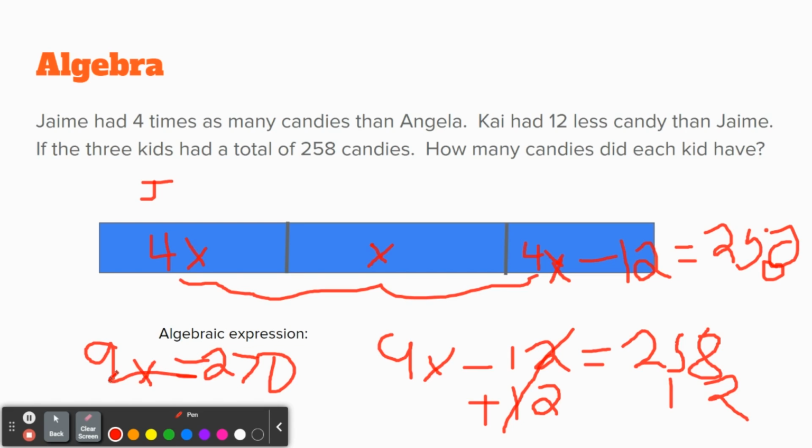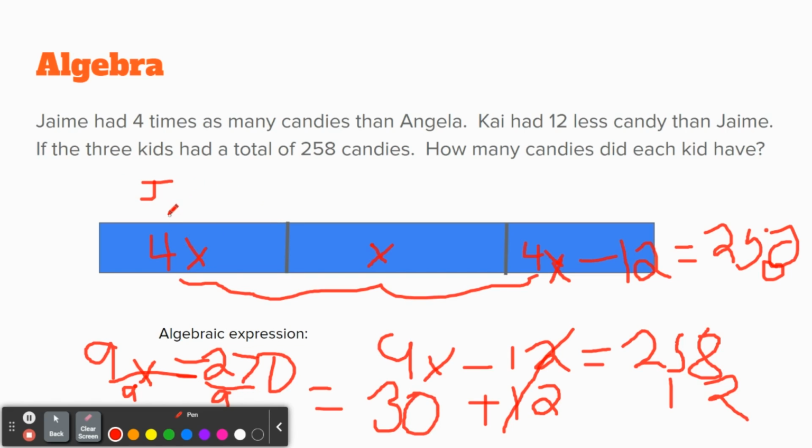270. The second step of the equation is to divide both sides by 9. And 270 divided by 9 equals 30. All right. We can go back and check and see how much each kid would have.